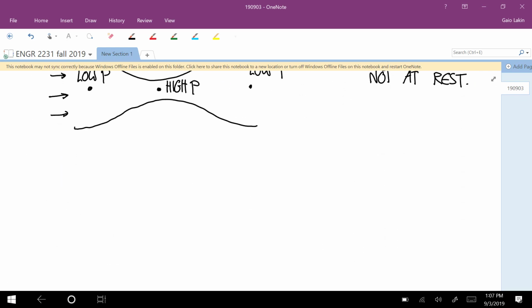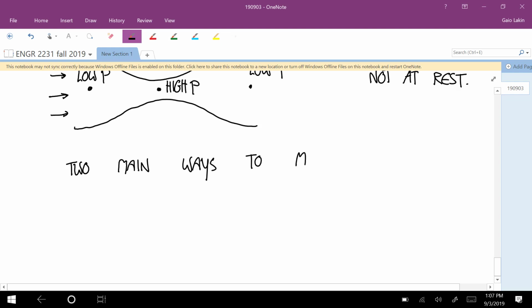There are two main ways to measure pressure. The first one is a manometer.